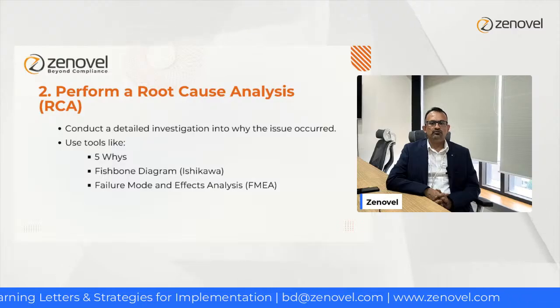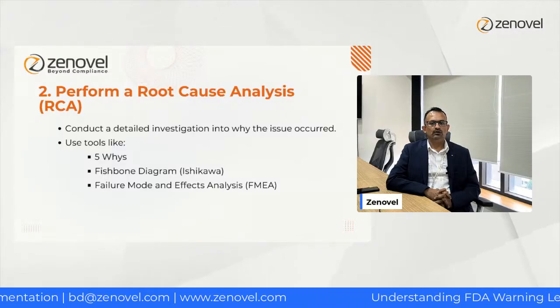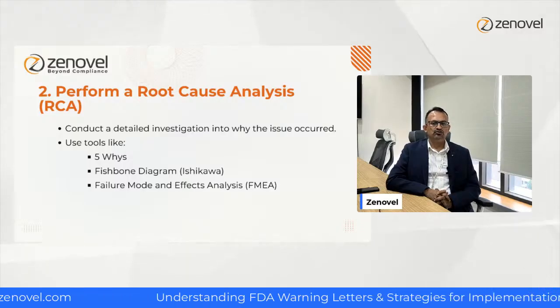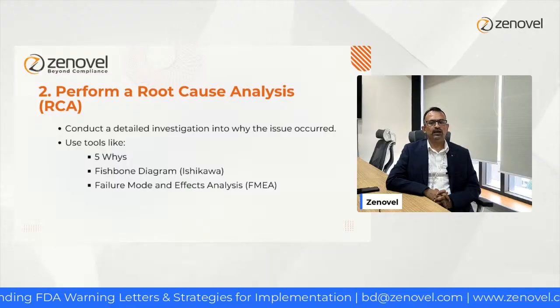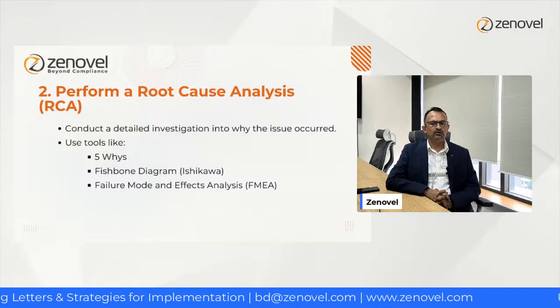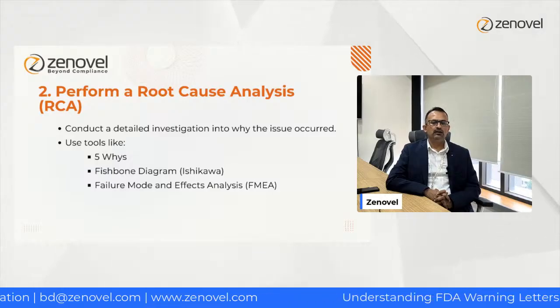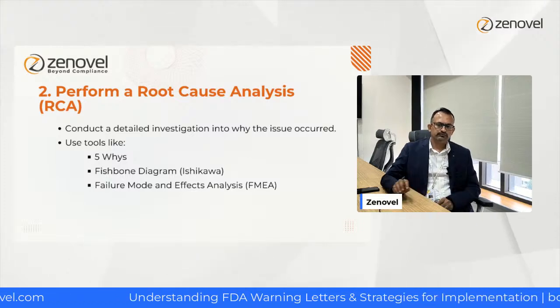The next important step is to perform a root cause analysis. First, we have to conduct a detailed investigation into why all these issues occurred. For this, we can use different tools like five whys, fishbone diagram (Ishikawa), failure mode and effects analysis, and other tools that can help to identify the root cause.